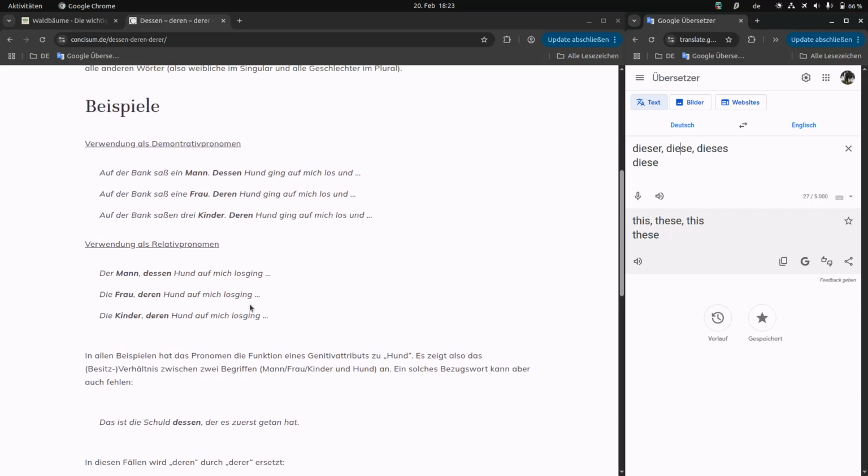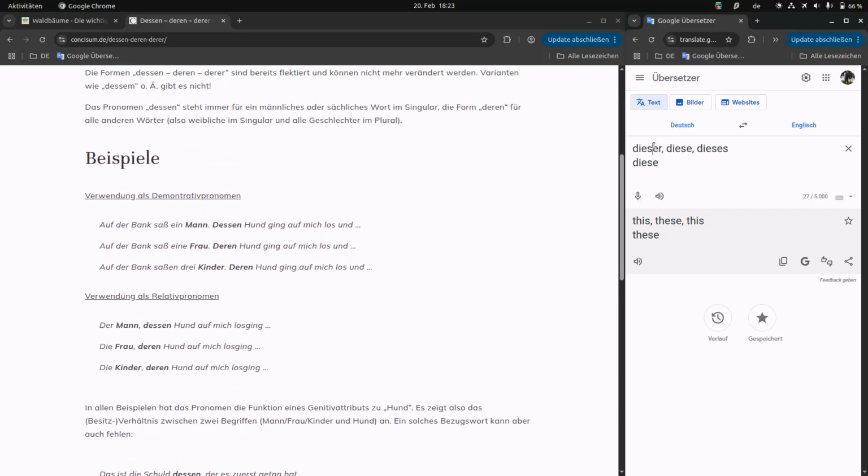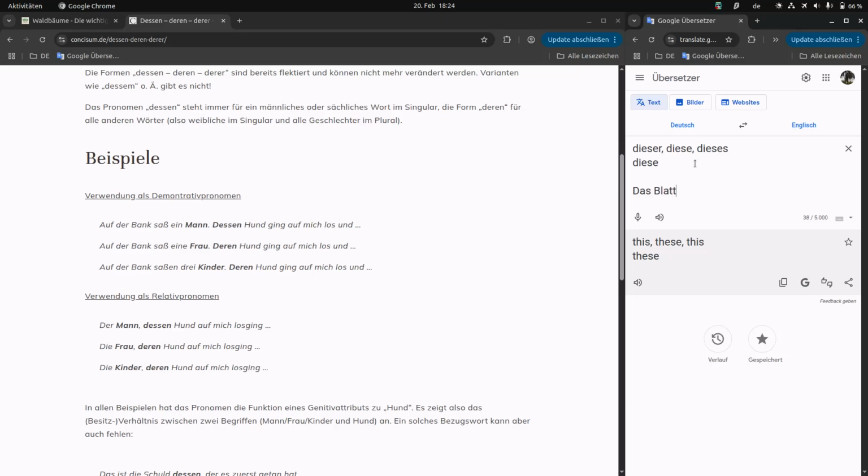And so dessen is for the dieser form, and also for the dieses form, for example, das Blatt dessen, to use the example from before. Das Blatt dessen, der Mann dessen, not dessen, which they said was incorrect. Of course it's incorrect, nobody uses that.